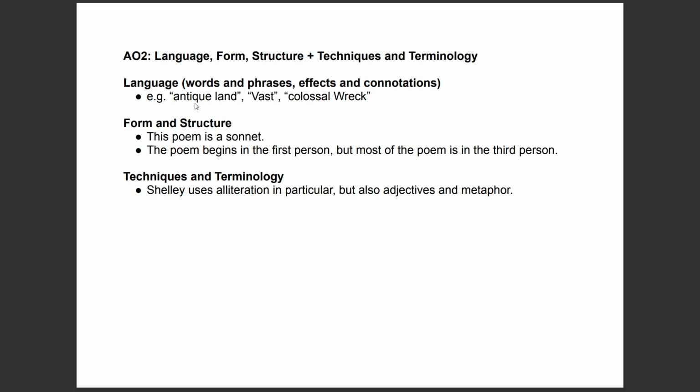So for example, antique has connotations of precious. Okay. Now, form and structure. This poem is a sonnet. Do you remember what a sonnet is? It's a 14-line poem. And the poem begins in the first person, but most of the poem is in the third person. And in particular, Shelley uses alliteration, but also adjectives and metaphor.